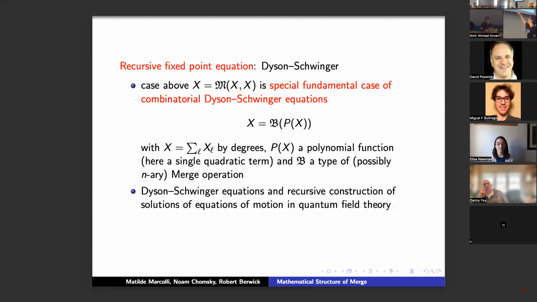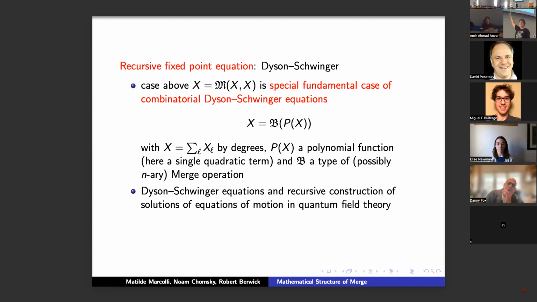And this B operation that I'm writing there is exactly the one that I wrote when I defined the merge action on workspaces, that takes a forest and hangs everything by the same root, which in the case of binary is exactly applying this M merge.